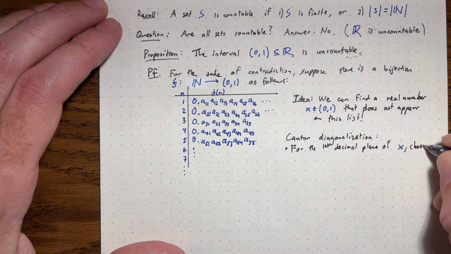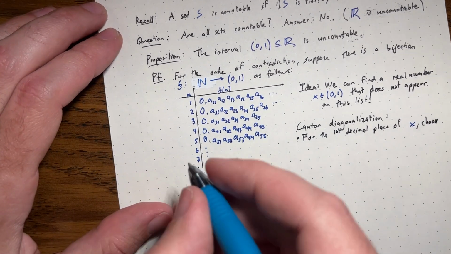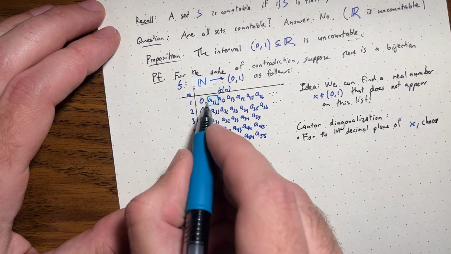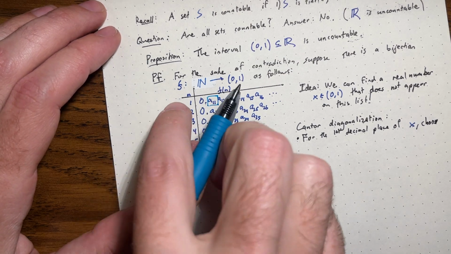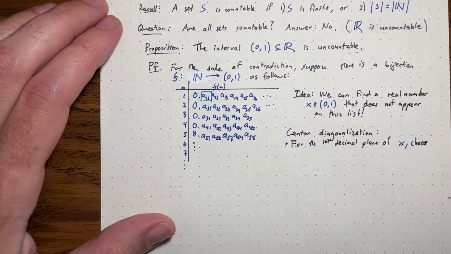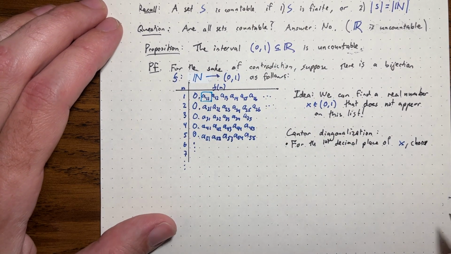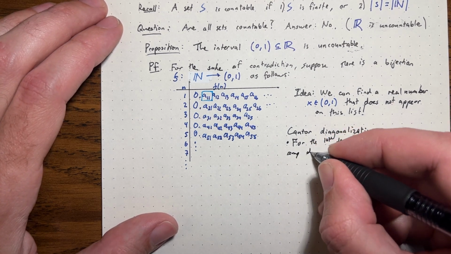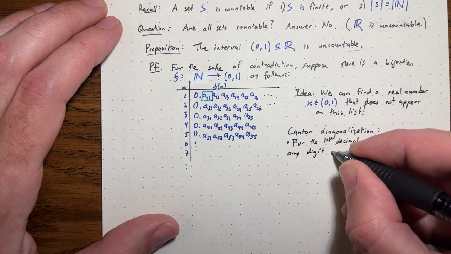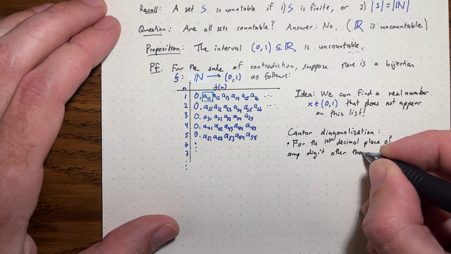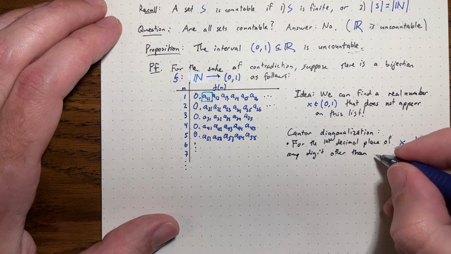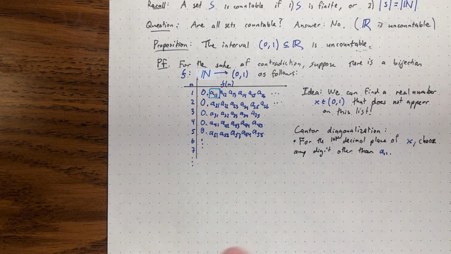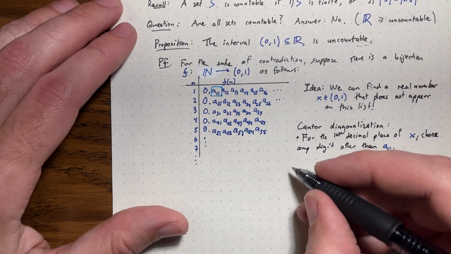I'm going to look at this number here, A11, the first decimal digit of the first number in my list, and I'm going to change it. So I'm going to choose any digit other than A11. And I have plenty of choices, so I can always do that. There are 10 possible digits.